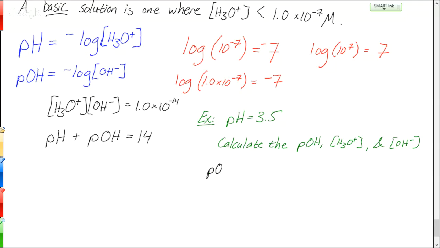So the pOH is 14 minus the pH, which is 14 minus 3.5, is 10.5. So pOH and pH added together equal 14. What plus 3.5 is 14? Well, 10.5.